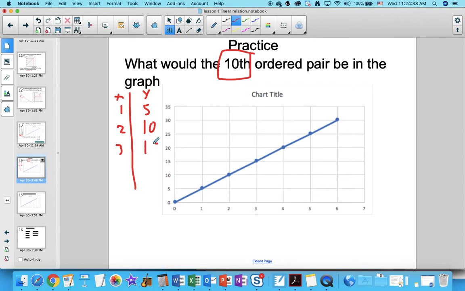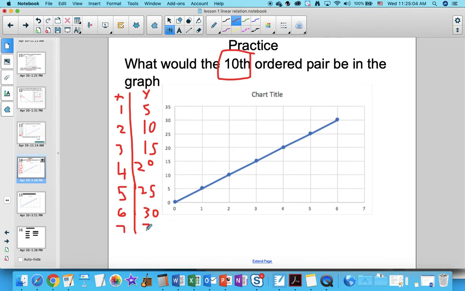15. Then 20. At 5, 25, and then at 6, we should have 30. So you already know what the pattern should be. We're going up by 5s: 5, 10, 15, 20, 25, 30. So what should 7 be?